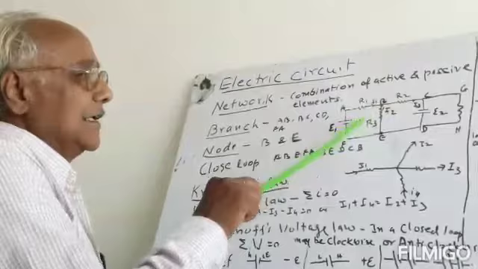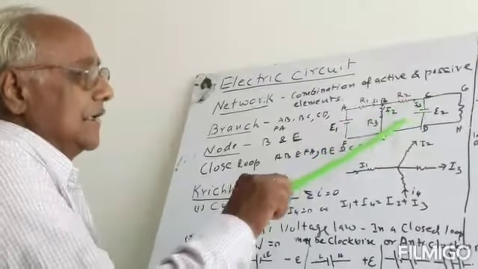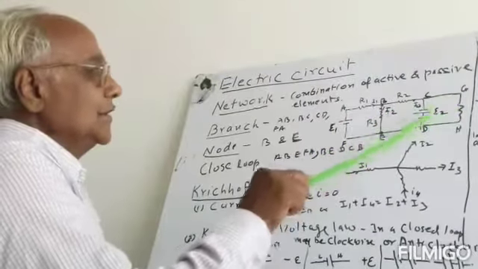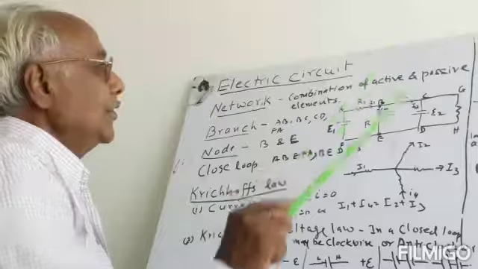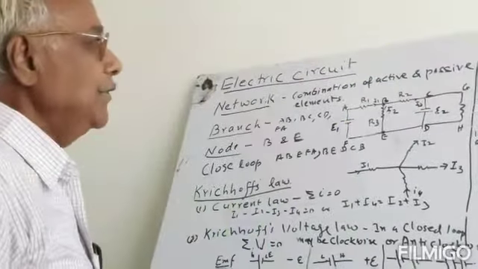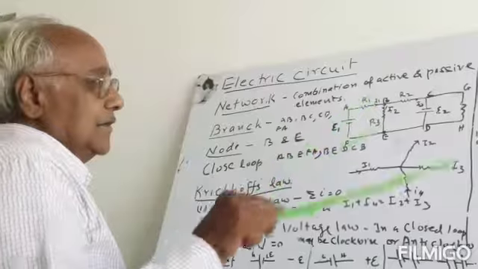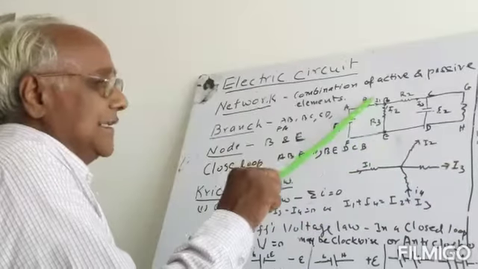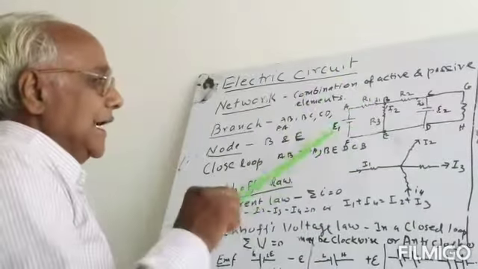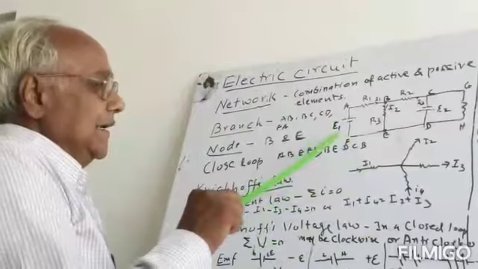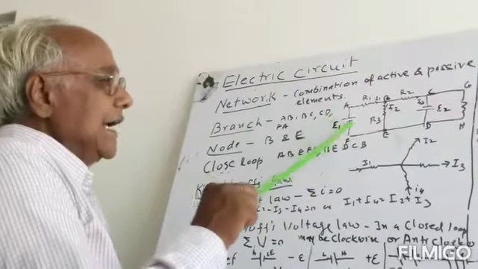This is a battery, this is an active circuit. And here there is no battery, so this is a passive circuit. So it consists of active as well as passive elements. Resistance is a passive element, and the EMF battery, which EMF is E, is an active element.